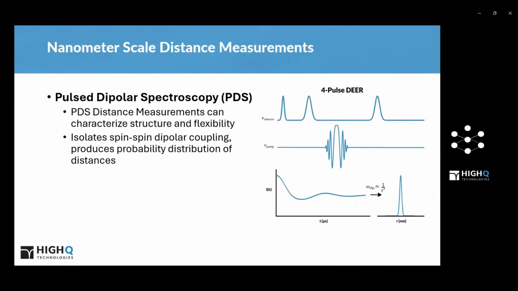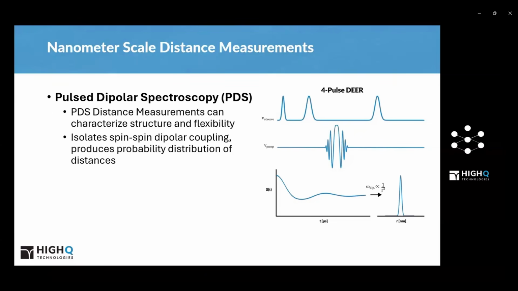So PDS is a subset of EPR experiments that measures nanoscale distances between these two spin labels on a biomolecule. And so through those distance measurements, we can characterize the structure, the dynamics, the flexibility. And so in short, what this does is it isolates the dipolar coupling between your two spin labels, and measures the strength of that dipolar coupling. And we can relate that back to the distance between them.